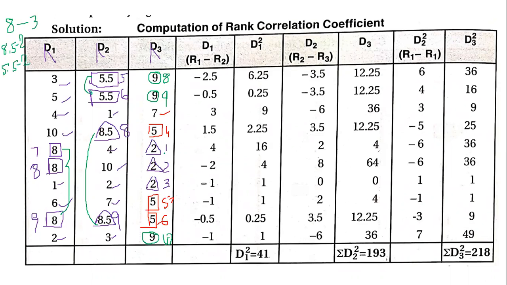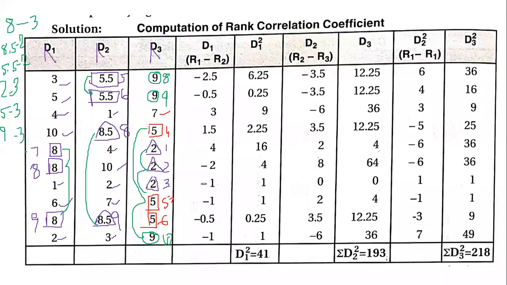Then the next number is 2, that is repeated 3 times. Next number is 5, that is also repeated 3 times. And after 5 we have 9. 9 is also repeated 3 times.